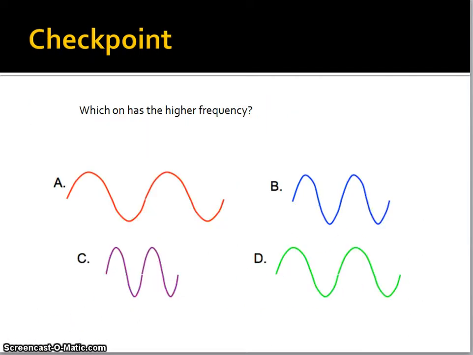So let's test yourself. Which one has the higher frequency? If each of these represents 1 second, which of these would show waves with high frequency? If you were to take a very close look at them, check out the waves and see. You can look at the wavelength to help you and see which one has the higher.